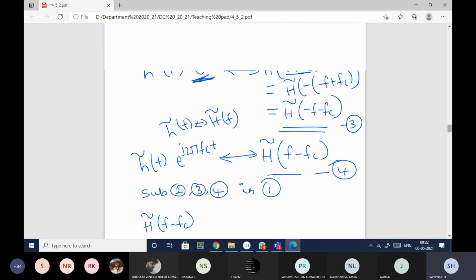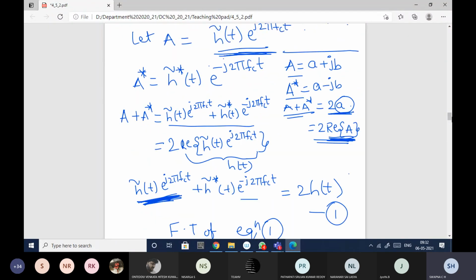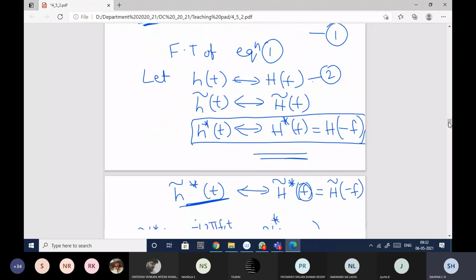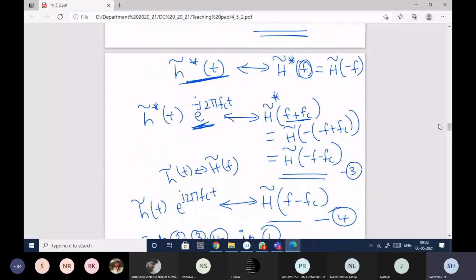Then second term is h tilt star of t e power minus j 2 pi fct. Its Fourier transform is this one only.